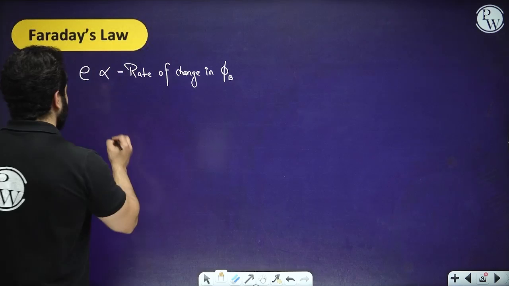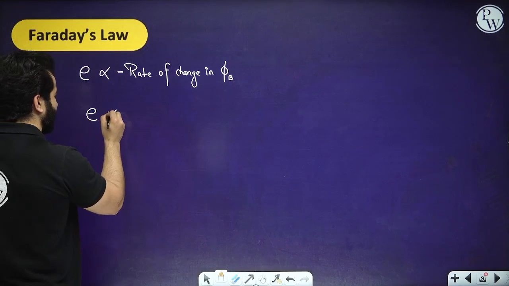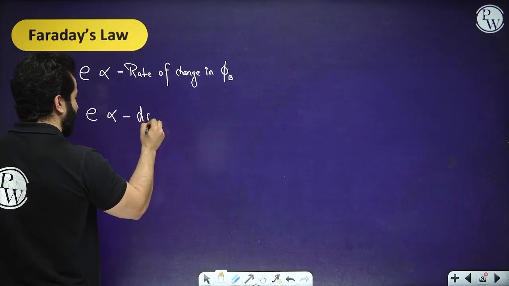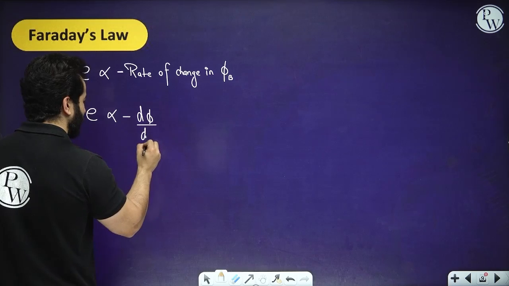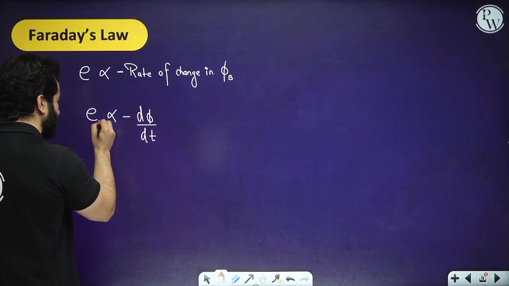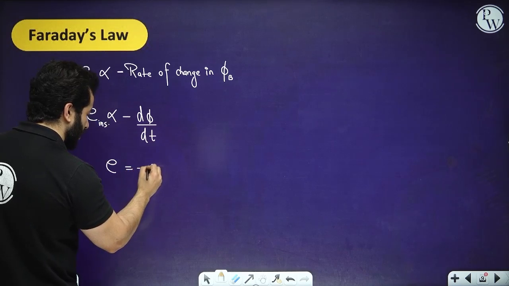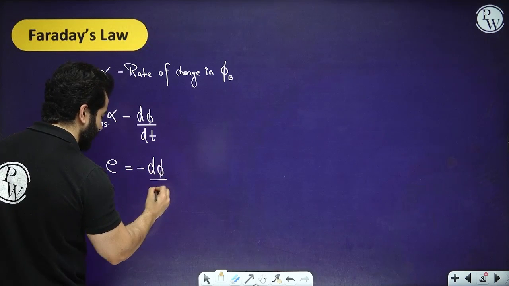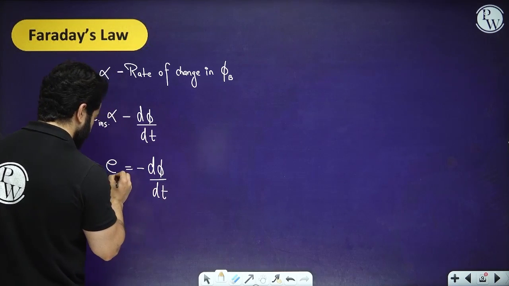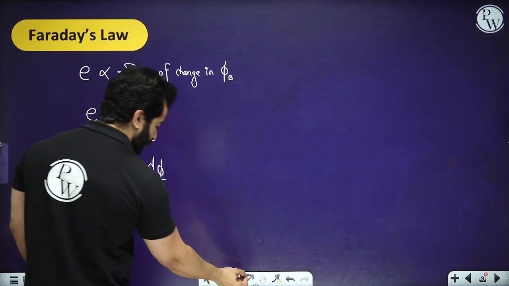So we can rewrite this as E is directly proportional to minus dΦ by dt. This will be the formula for instantaneous induced EMF, and the proportionality constant comes out to be 1. So this will be minus dΦ by dt. This is the instantaneous EMF.